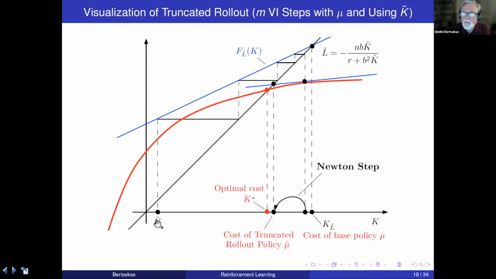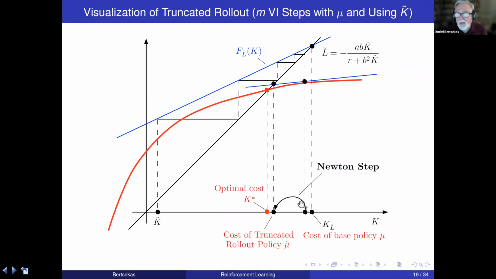We start from some initial condition, K tilde, for the value iterations with mu. We execute these iterations, 1, 2, 3, 4, and then we obtain some point here, which is the cost approximation that's given to the one-step look-ahead.